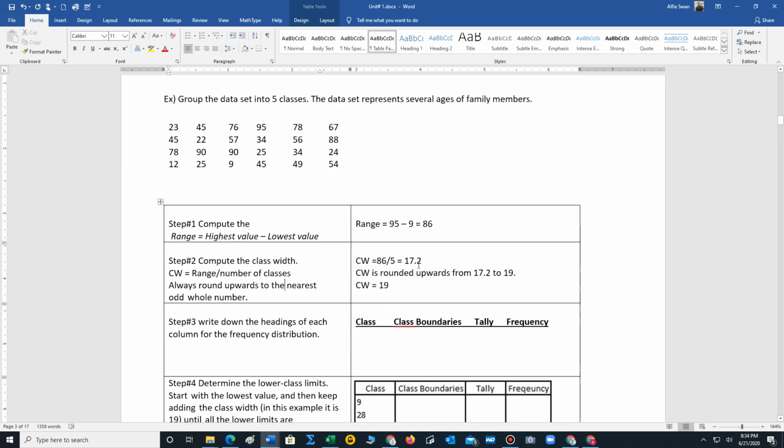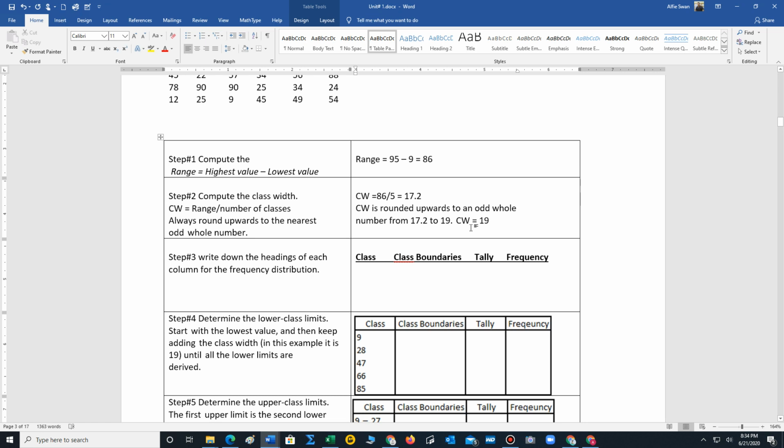That's 17.2, but for the class width, we round upwards. We bypass 18. We want to round to an odd whole number. Let me just write that down here too, an odd whole number. Thus, the class width is 19.